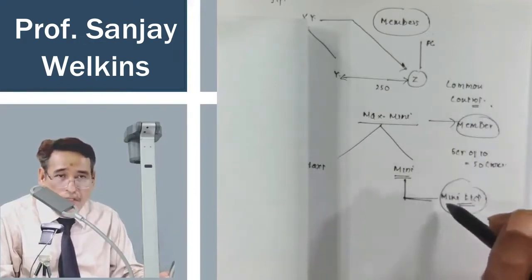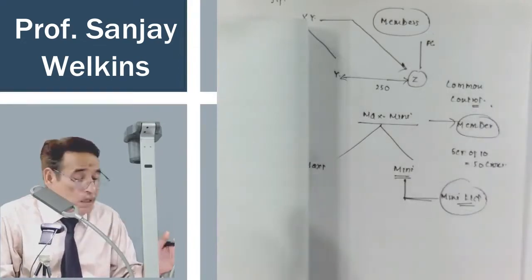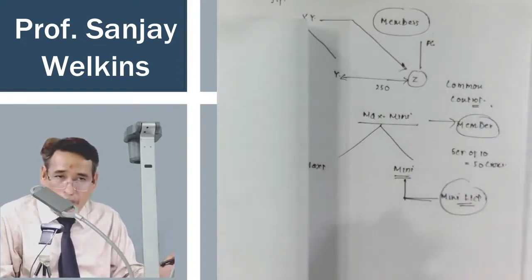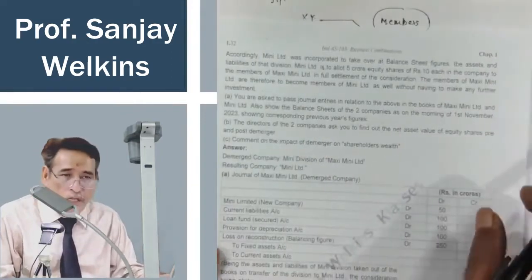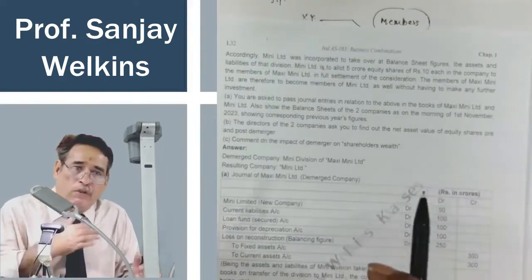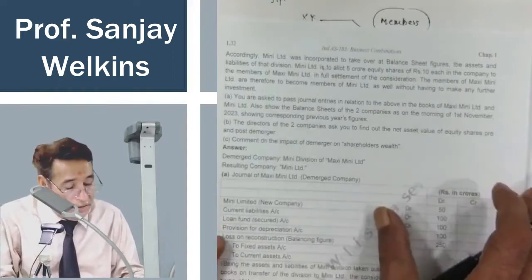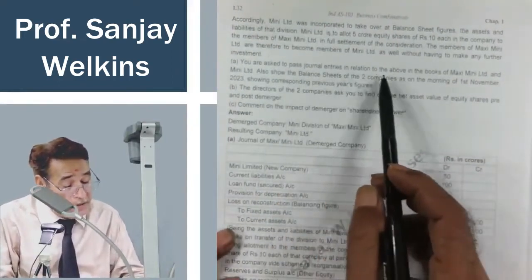Shareholders are not going to pass any such entry for shares in Mini Limited, debit to bank, because they are not giving anything. So it is a normal, common line. Whenever shares are issued to members, the members need not churn out anything out of their pocket. Correct?